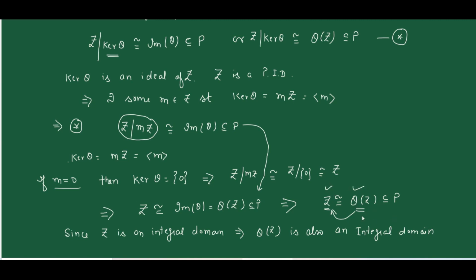So we have two isomorphic integral domains, and we have stated an important result that isomorphic integral domains have isomorphic fields of quotients.